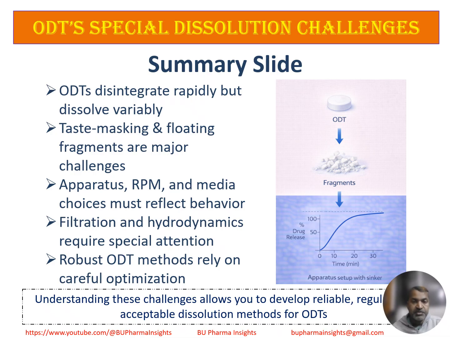RPM must be optimized, media must reflect real behavior, and filtration needs special attention. Robust ODT methods don't happen by chance. They come from careful observation, smart optimization, and validation. Good science equals consistent performance plus regulatory confidence.